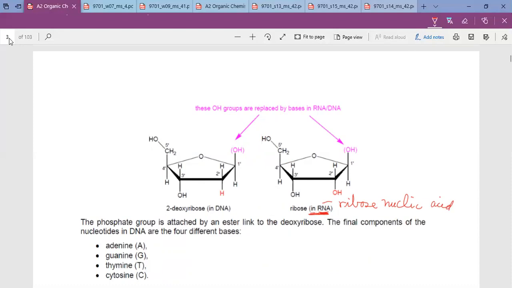Now, here you have, see, everything is the same. This is carbon 1, carbon 2, carbon 3, carbon 4, carbon 5. This is called a 5 prime. And this one here will later bond with the phosphorus here, right? And this carbon 1, the OH here, will bond with the base, after I show you, okay?